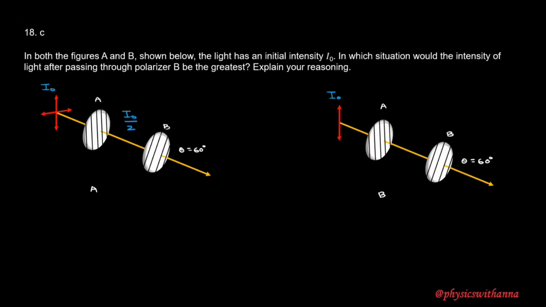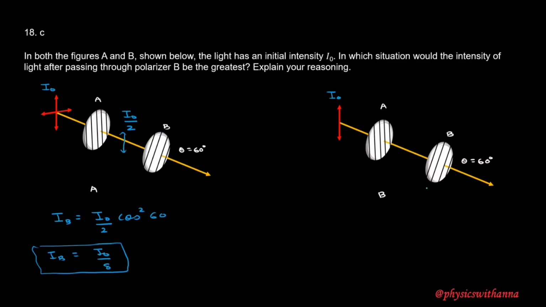Then this light falls on polarizer B, and now I have to use Malus's law to calculate its intensity because now this is plane polarized light. So I get light coming out of polarizer B to be equal to I naught by 2 cosine squared 60. That gives you the value of IB to be I naught by 8.